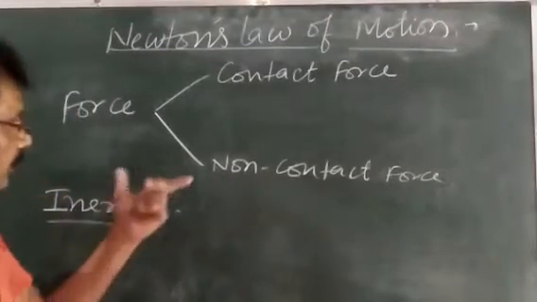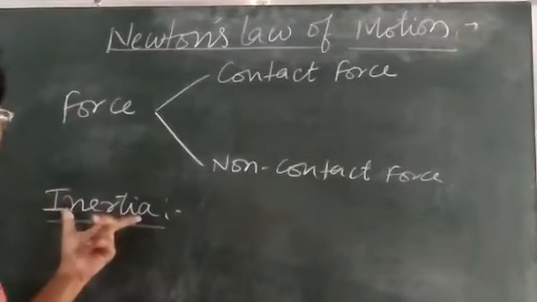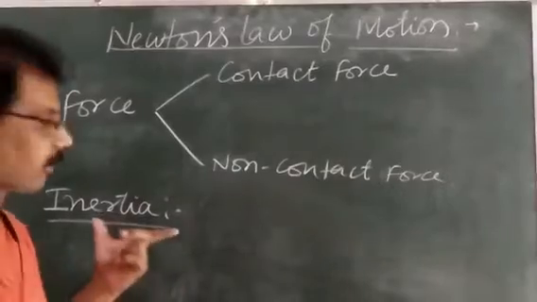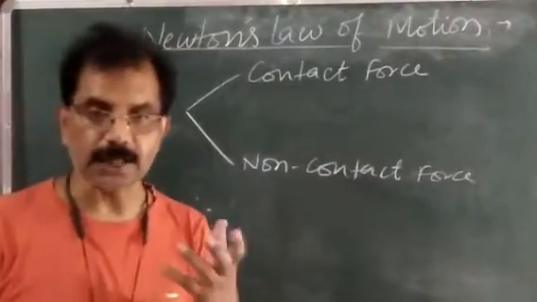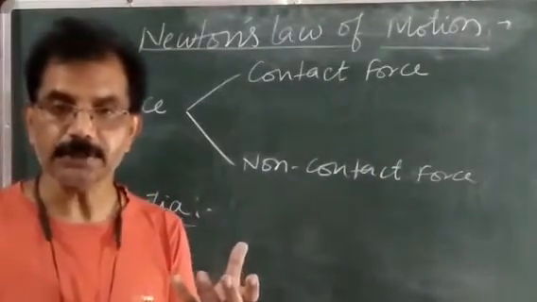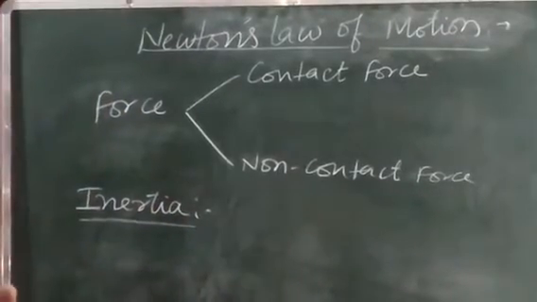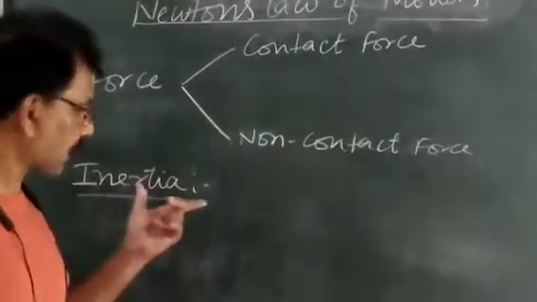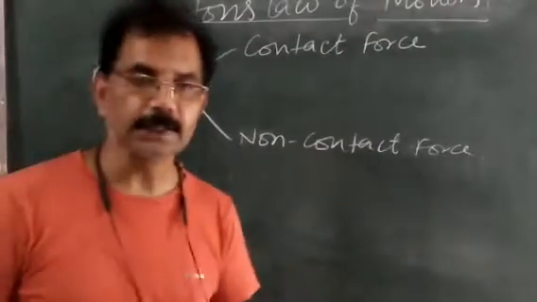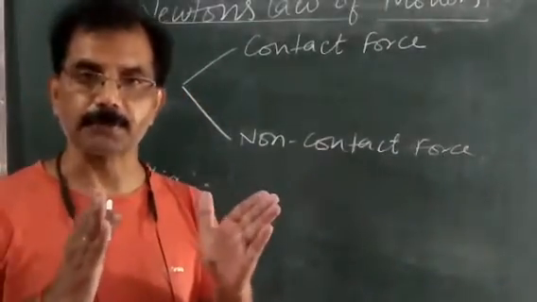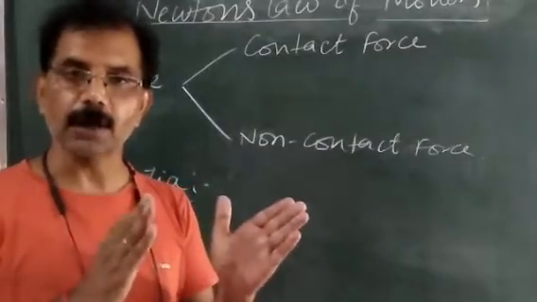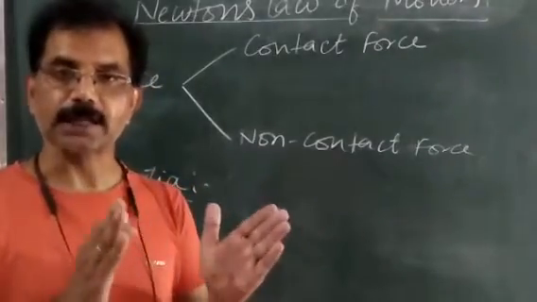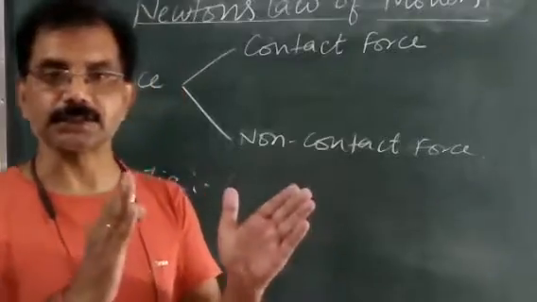And the third important topic in this chapter is the concept of inertia. I hope all of you know inertia is that inherent property of the body which always opposes any change either in its state of rest or the state of motion.